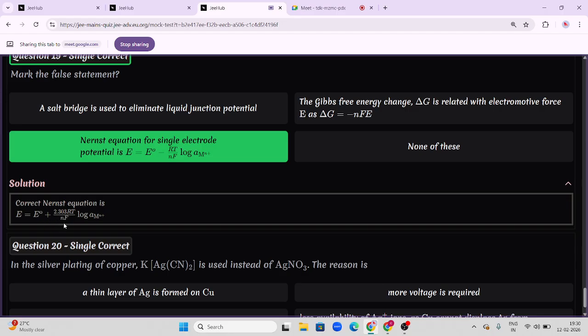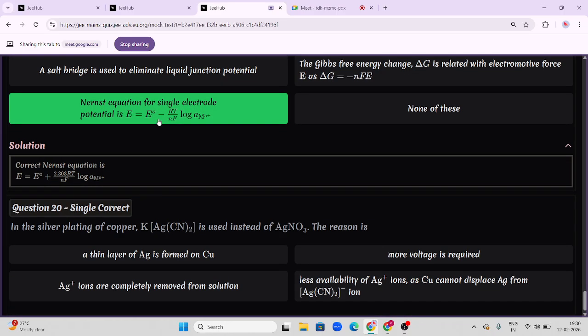It should be a positive one. Correct? Yeah, the sign is negative here.